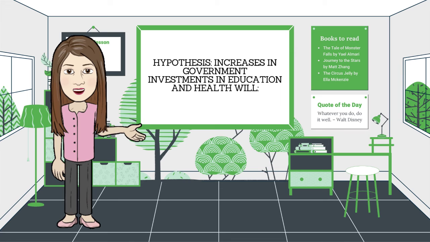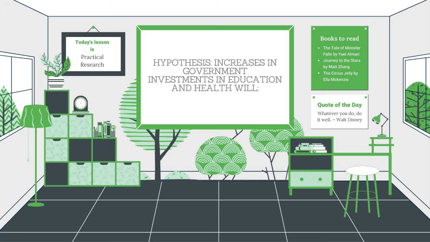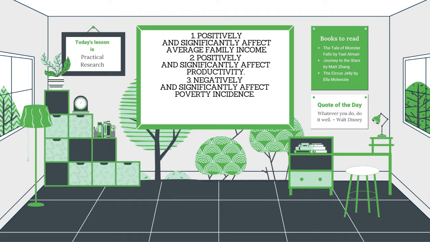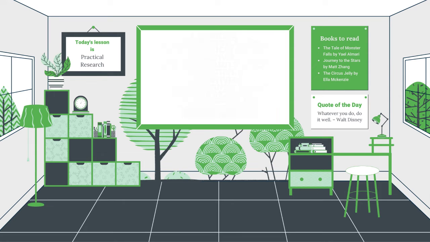Hypothesis: increases in government investments in education and health will, first, positively and significantly affect average family income. Second, positively and significantly affect productivity. Third, negatively and significantly affect poverty incidence. Fourth, negatively and significantly affect unemployment rate.